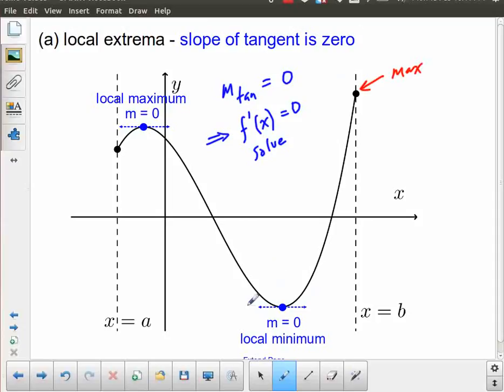Our lowest point is actually right here, and that's going to be our absolute, and I was about to write max again. That's our minimum. And so we can only have at most one absolute maximum and one absolute minimum.